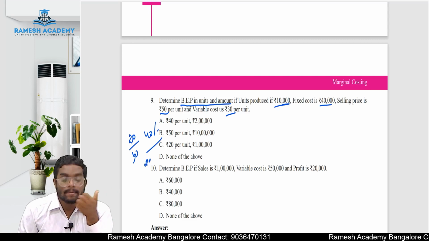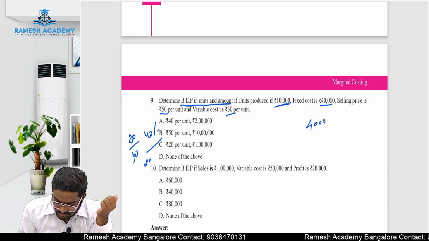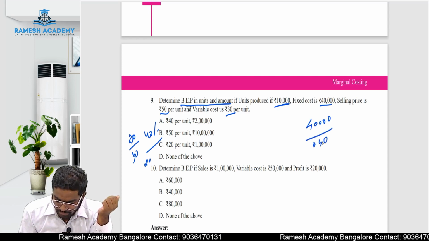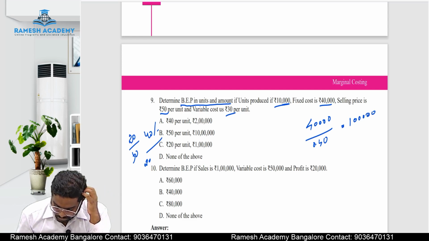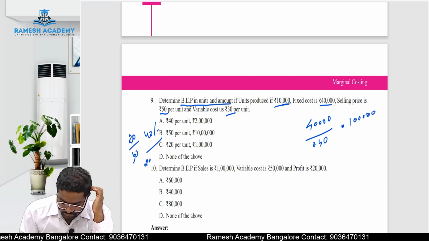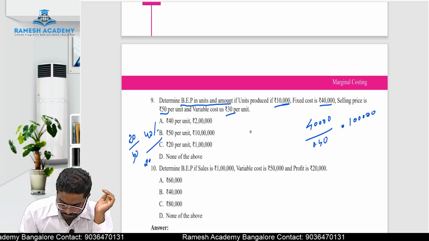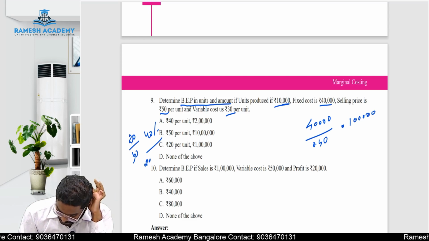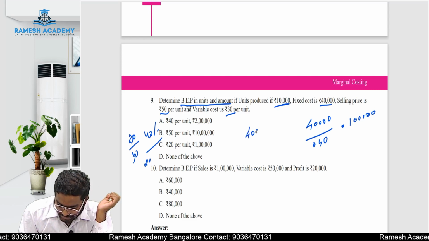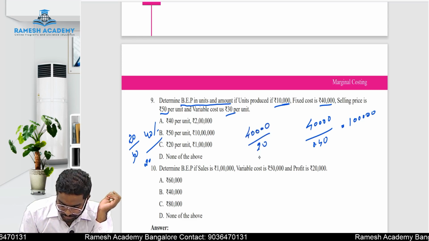So my BEP would be fixed cost 40,000 divided by 0.4, which is 1 lakh. Contribution per unit is 20. BEP in units, so I will divide 40,000 divided by 20, which is 2,000.